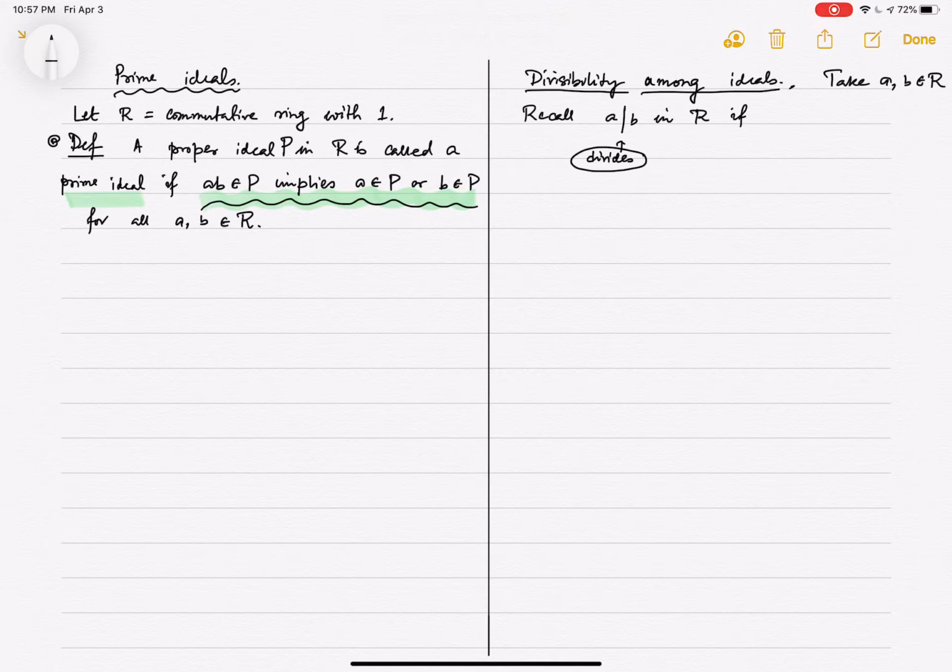So this vertical bar means divides, if there exists some c in R such that b is ac. So b is a multiple of a.